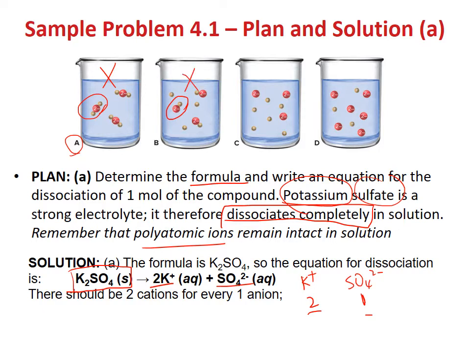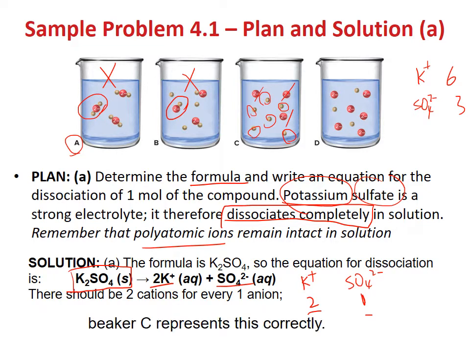C, anion and cation are completely dissociated. So how many cations? We have 1, 2, 3, 4, 5, 6. Anions, we have 1, 2, 3. And the ratio is 2:1, and that's correct. So C is the correct answer.